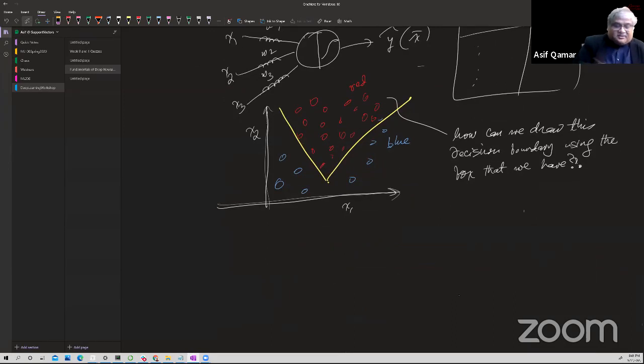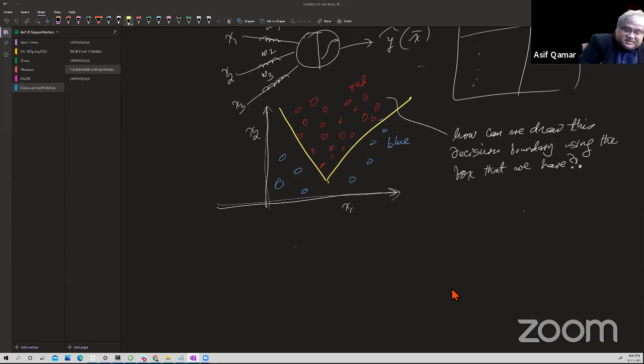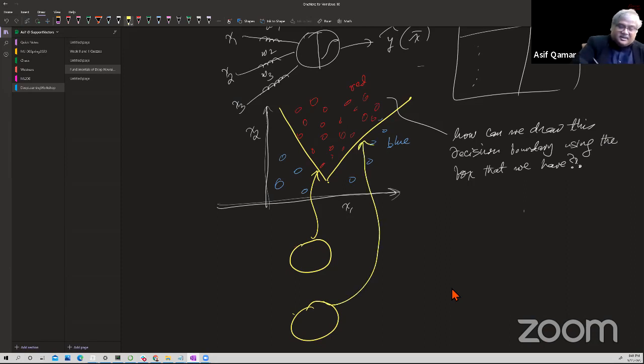So what you can do is, suppose I take one box here, right? Let me use yellow here. Imagine that I use one box here. This corresponds to this line, right? And I use another box here that corresponds to this line, right? So you realize that these will draw decision boundaries like this.